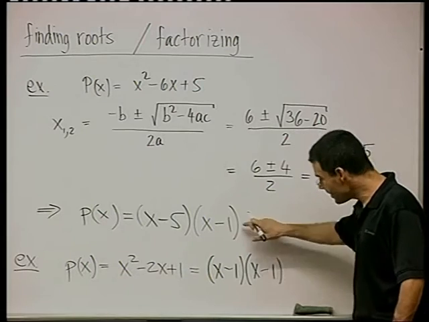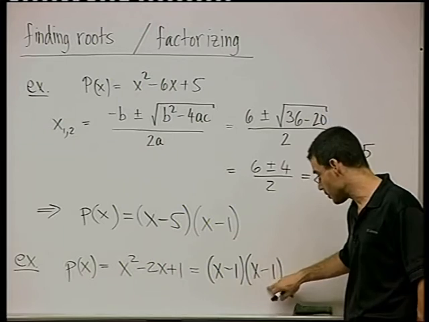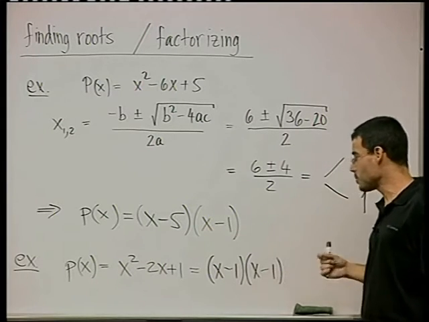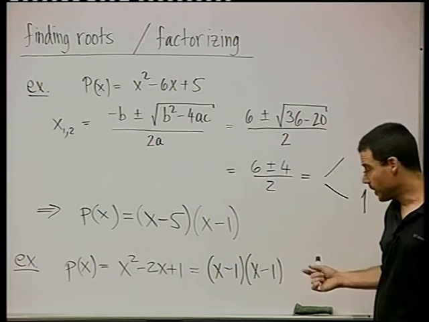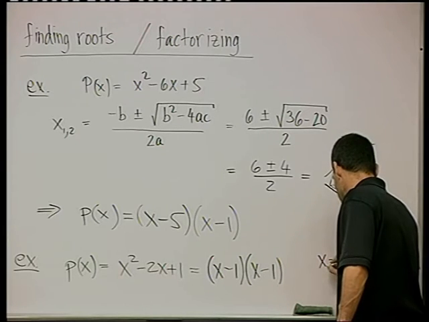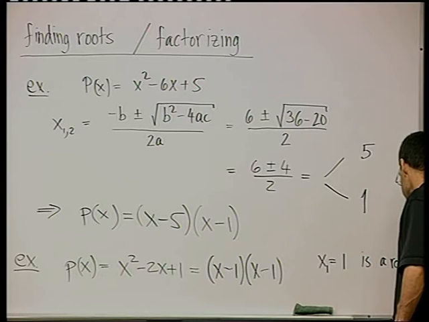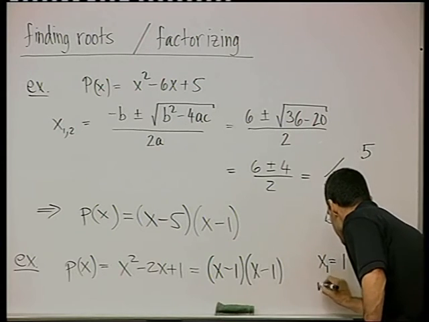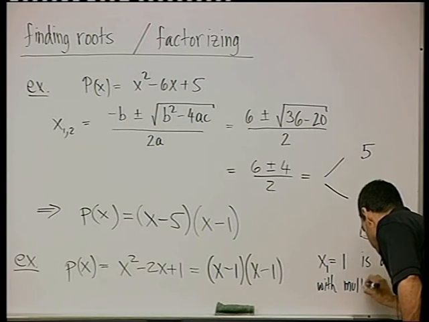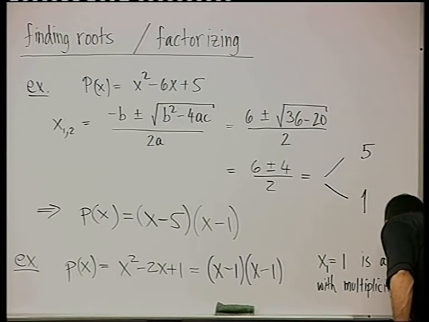So here, we got a slightly different situation. There are two linear factors, but in fact they're the same. So there's only one root, but it has what's called a multiplicity. So let's write it: x1 equals 1 is a root with, and the term is multiplicity 2.